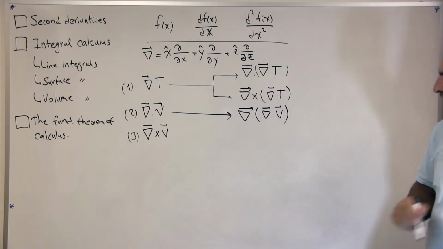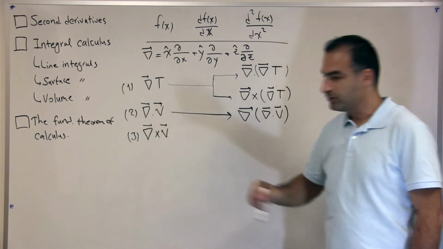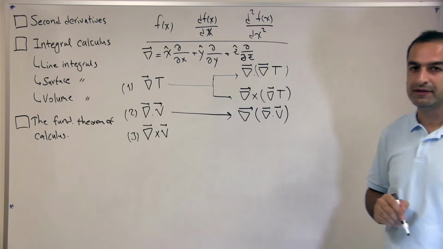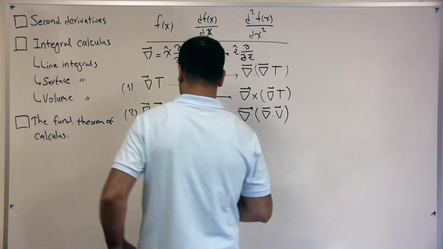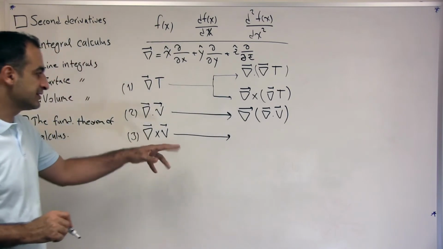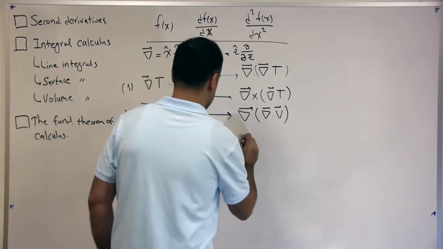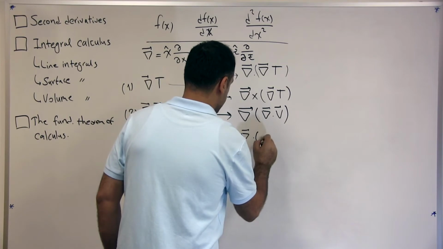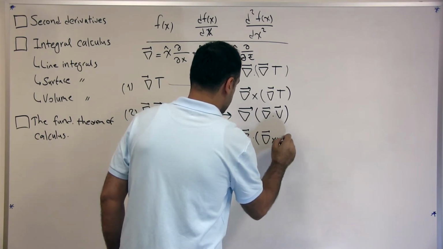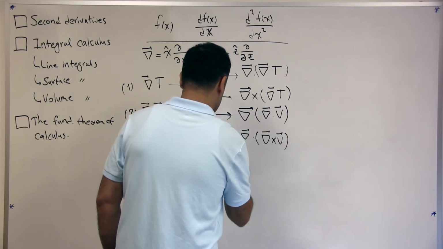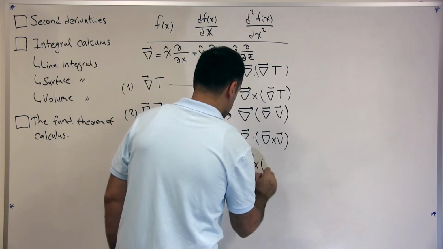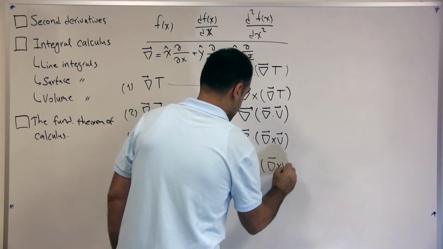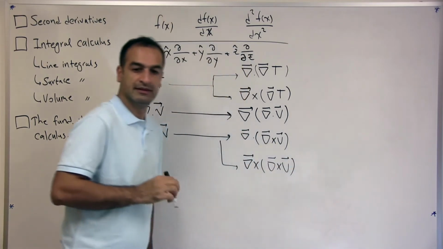And then we have the third one, which is the curl of v. If we take the derivative for the second time, as a whole, it's a vector, so we have two options. We can take the divergence of the curl, or we can do the curl of the curl.